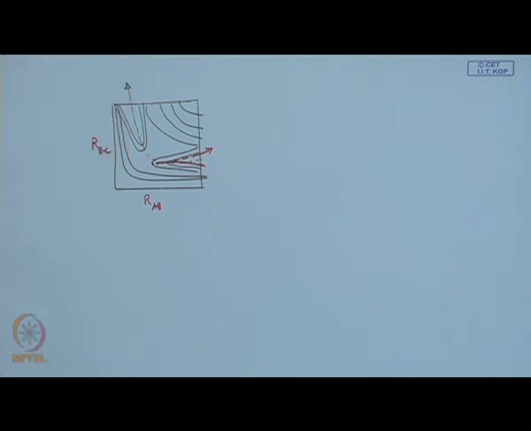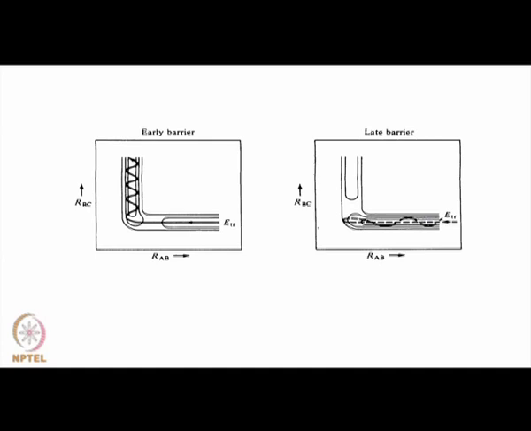Okay. So, what we got is that we have given here a brief introduction of the potential energy surface, which is based on classical trajectory analysis, okay, and that gives you an idea of the location of the barrier, and also whether it is the case of an earlier barrier or a late barrier.